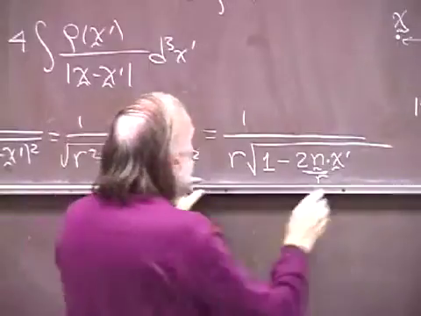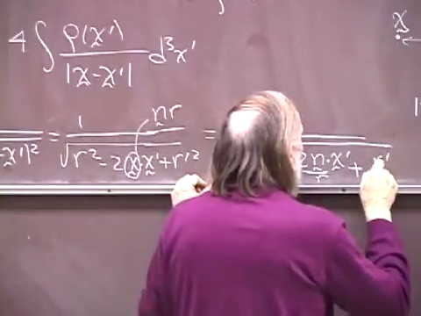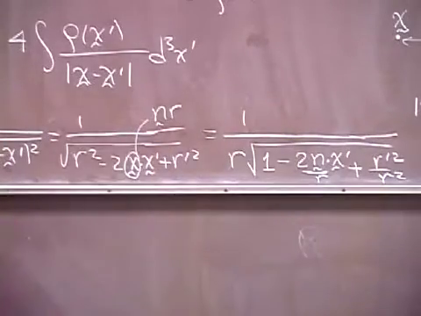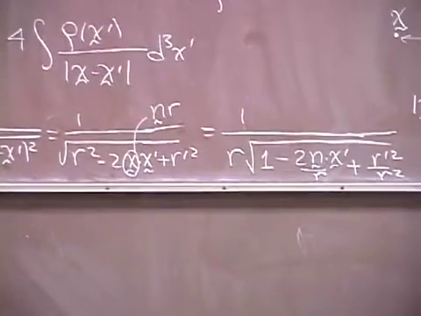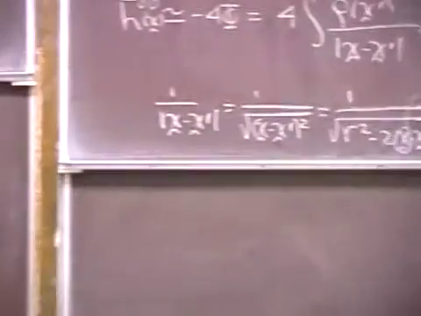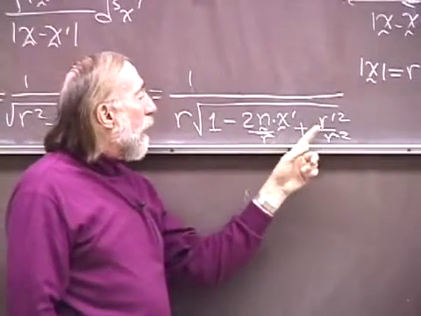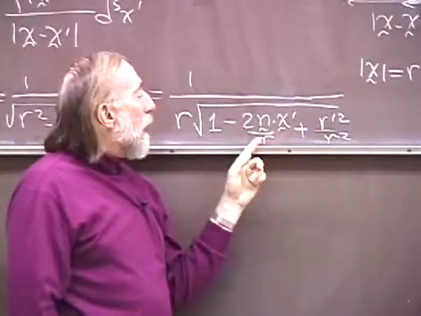And then I have plus r prime squared over r squared. That's just simple algebra.